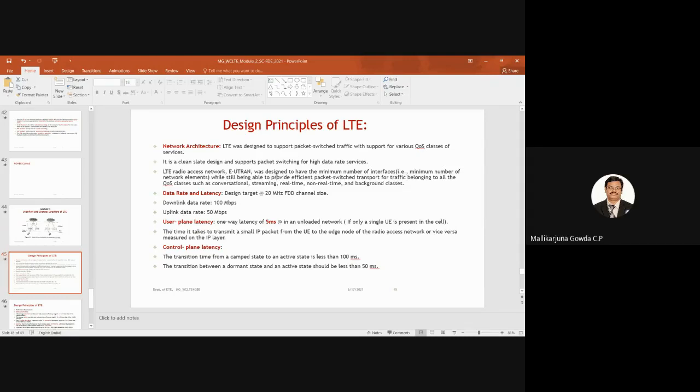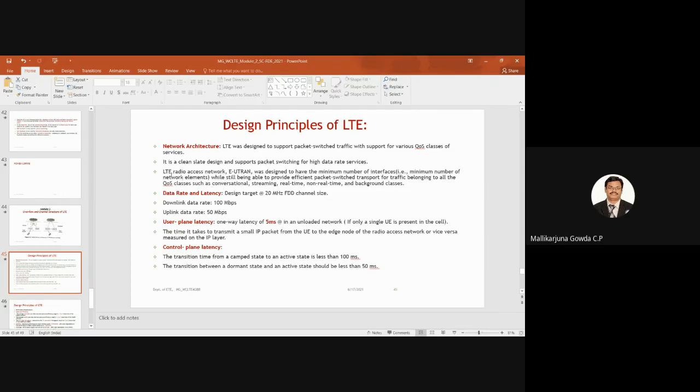The first one is about the network architecture. Basically, LTE was designed to support packet switched traffic with various quality of service classes. I already said how the network elements have been reduced.